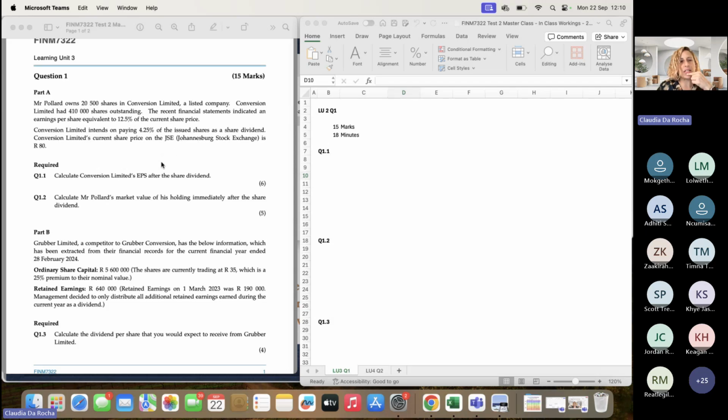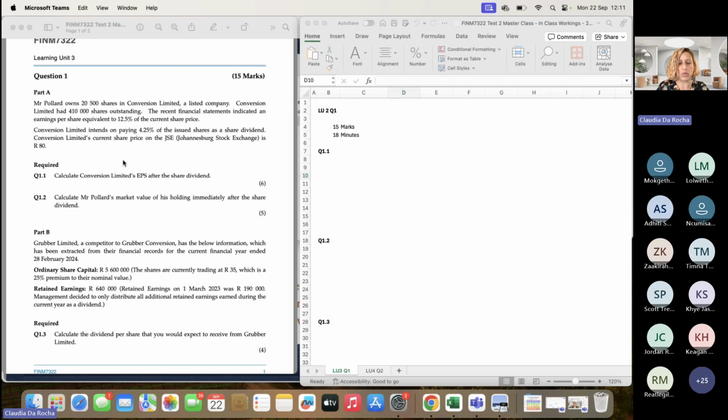And Conversion Limited intends on paying 4.25% of the issued shares as a share dividend. Okay, so 4.25% of our shares outstanding, the 410,000, will be issued as shares, or as dividends, I mean. They'll be issued as shares, but they will be dividends, right? So Conversion Limited's current share price on the JSE, Johannesburg Stock Exchange, is 80 Rand.